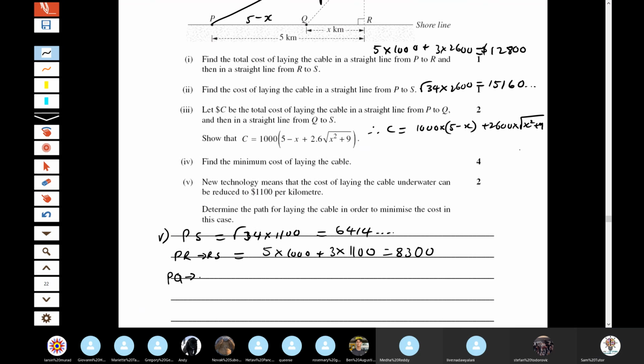To do P to Q, Q to S. No, 1.25 was only for when it cost 2,600. It's 9,900.